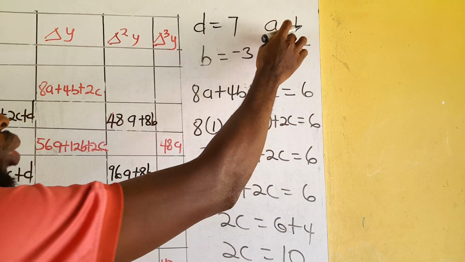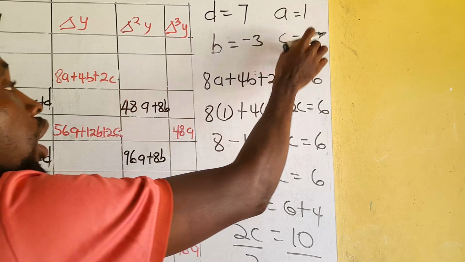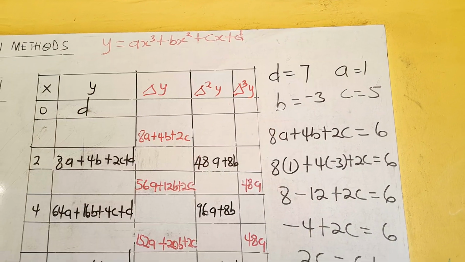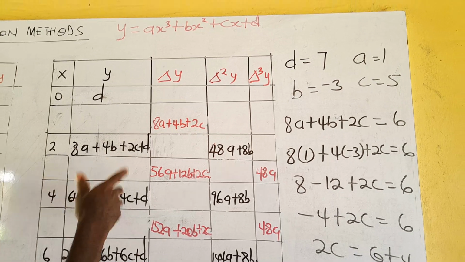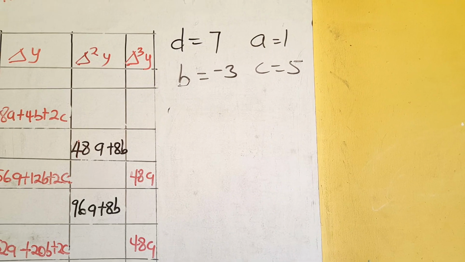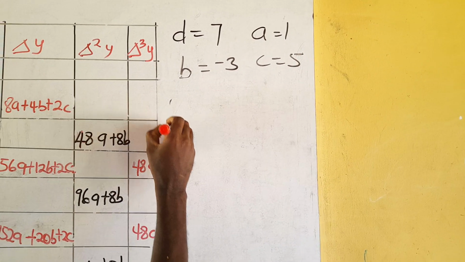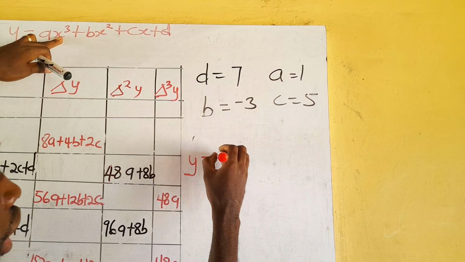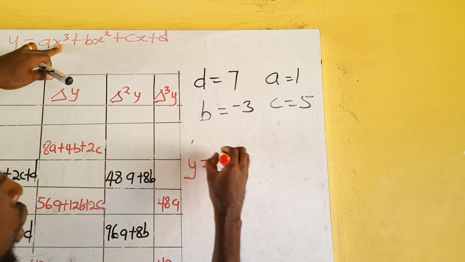So we know our a to be 1, b to be negative 3, c is 5, d is 7. We substitute here to get our polynomial function, or to get the rule for the mapping. So we can say the rule for this mapping is that y is equal to 1 times x cubed, which will still be x cubed.